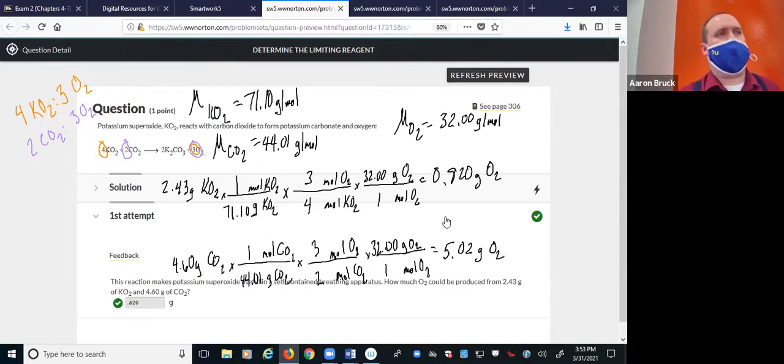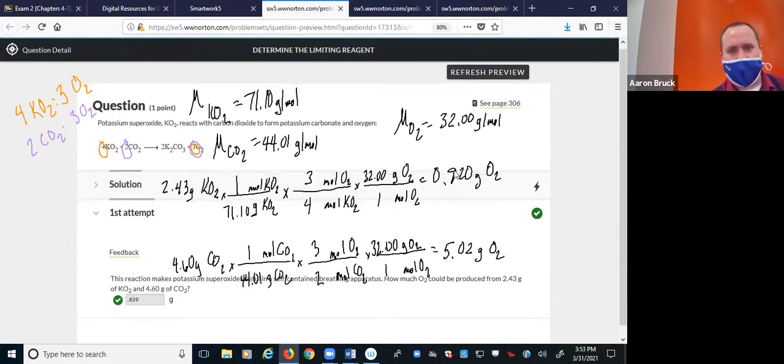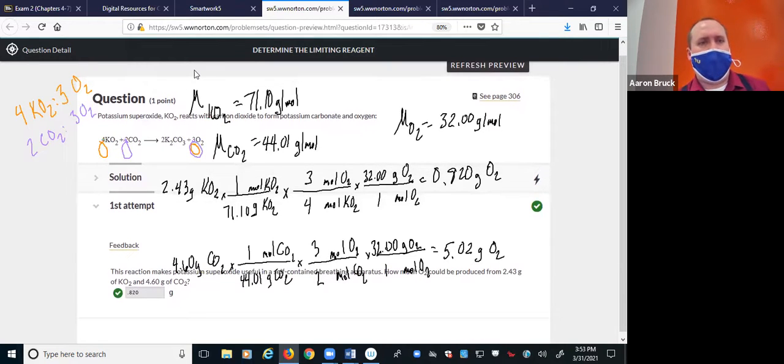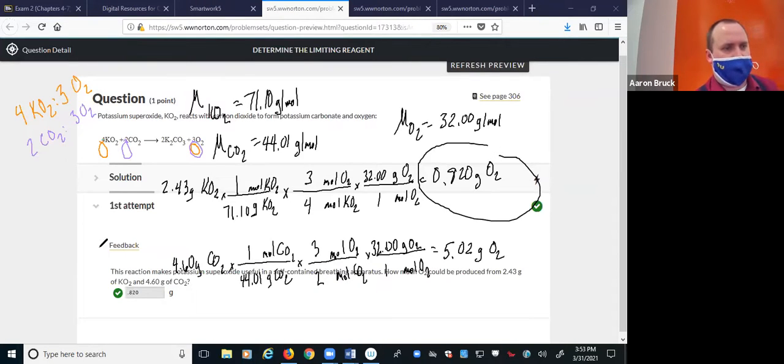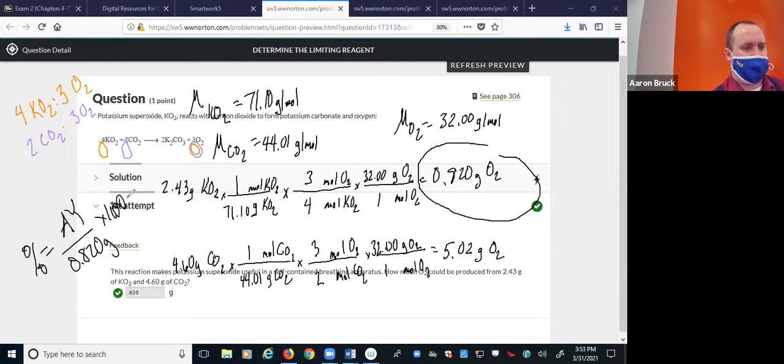Now, if we were asked a percent yield question here, that 0.820 would be the denominator of that fraction. So percent yield would be the actual yield divided by 0.820 grams times 100%.